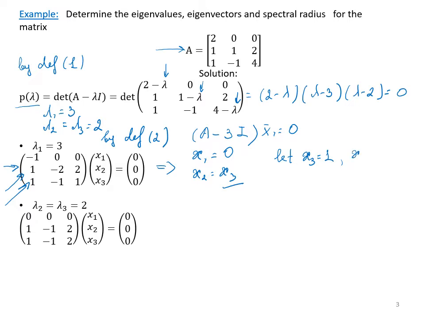As a consequence, x2 also equals 1. And our eigenvector x1 will be 0, 1, 1. This is one example. But at the same time, any eigenvector of A corresponding to lambda equals 3 is a non-zero multiple of x1, also an eigenvector for our matrix in this case.